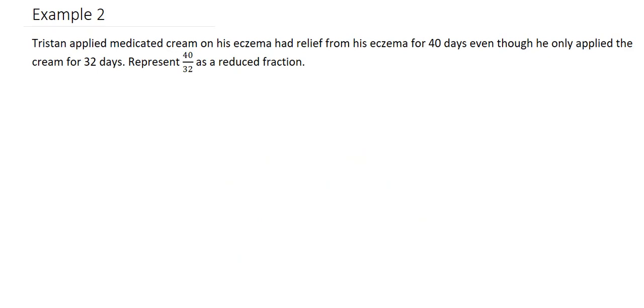Example 2. Tristan applied medicated cream on his eczema and had relief from his eczema for 40 days, even though he only applied the cream for 32 days. So let's represent 40 over 32 as a reduced fraction. We're going to break this down.